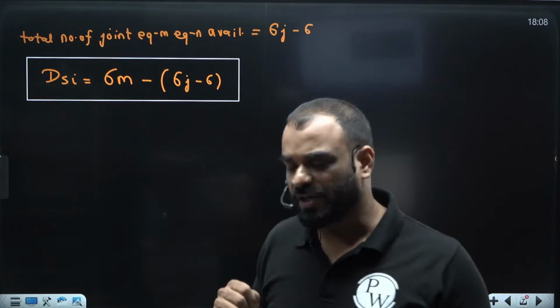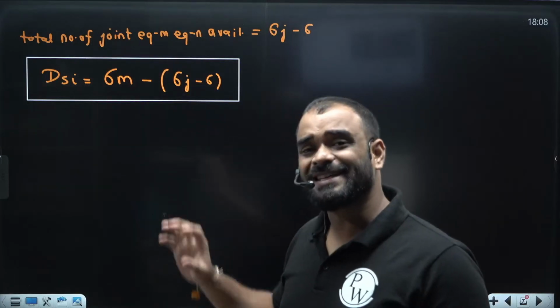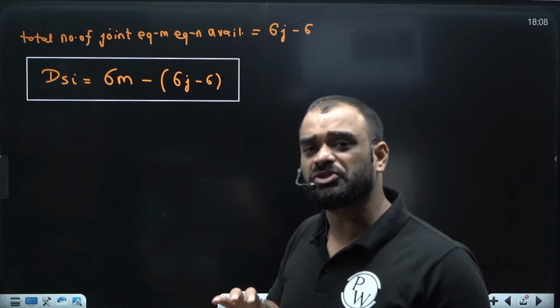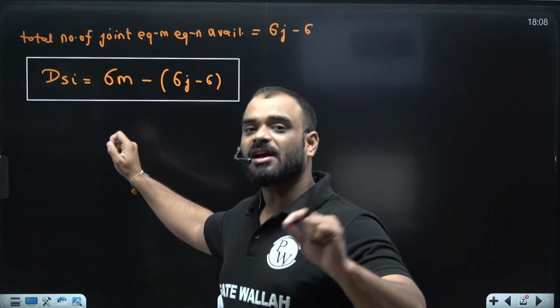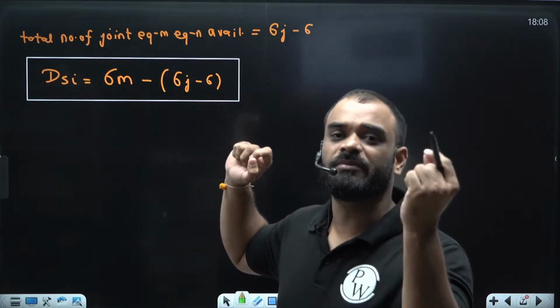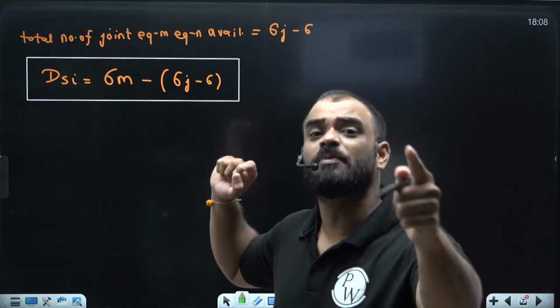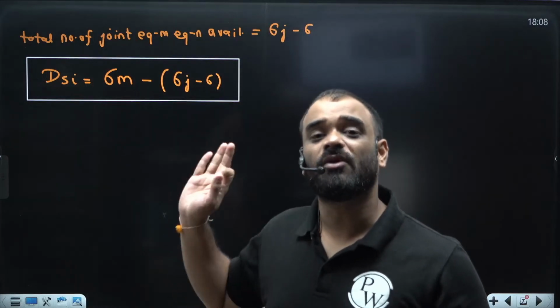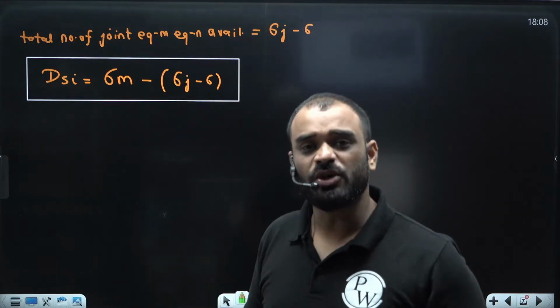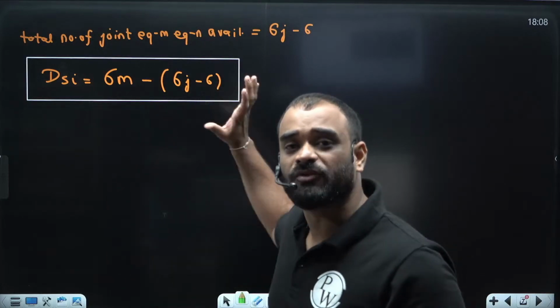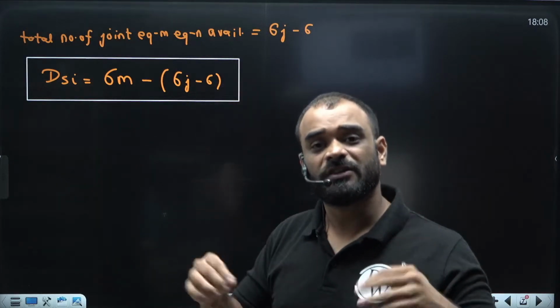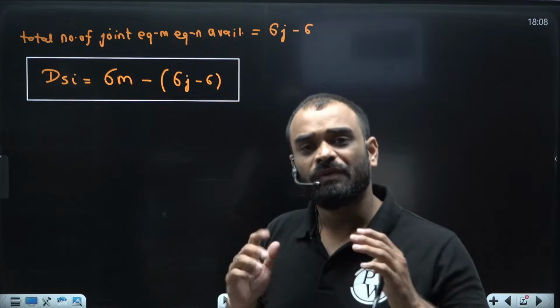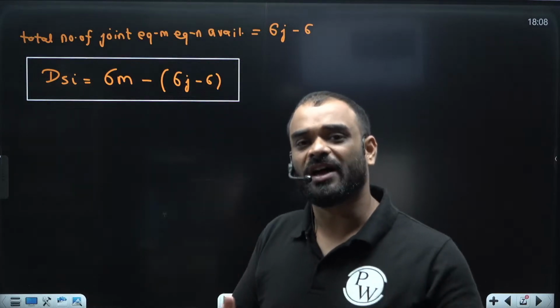In case of a 3D structure, you can use this one and the cut formula, the minimum number of cuts required to make a structure open, to calculate the value of DSI, right? Do not use the concept of closed loop in case of a 3D structure because it fails. I will show you with some examples so that you can understand why I'm saying that.